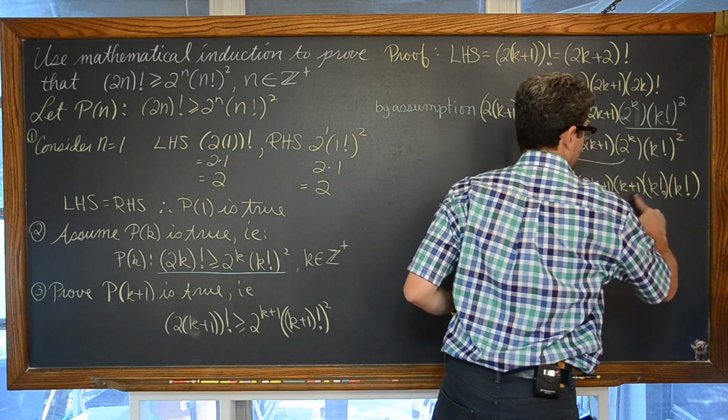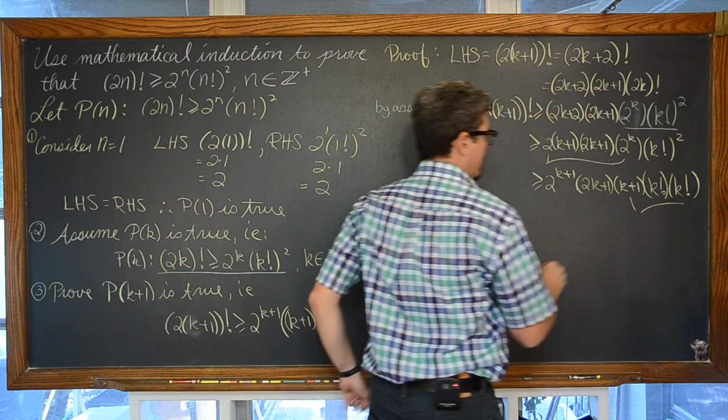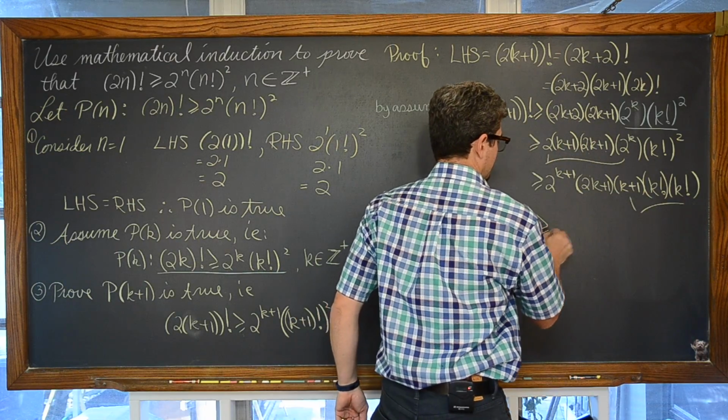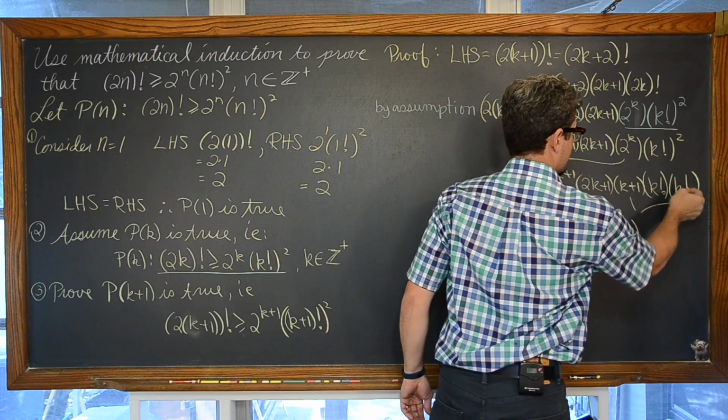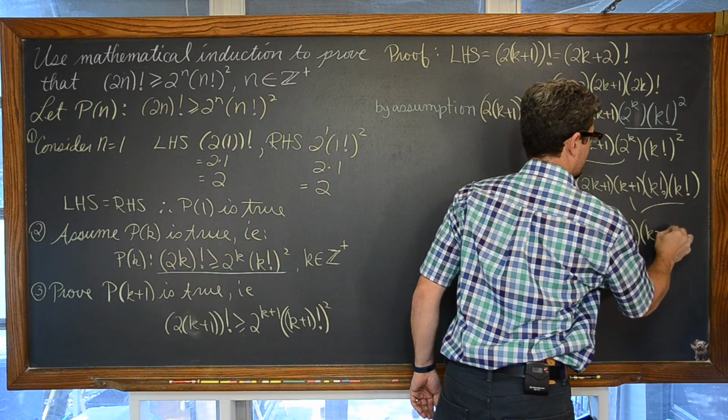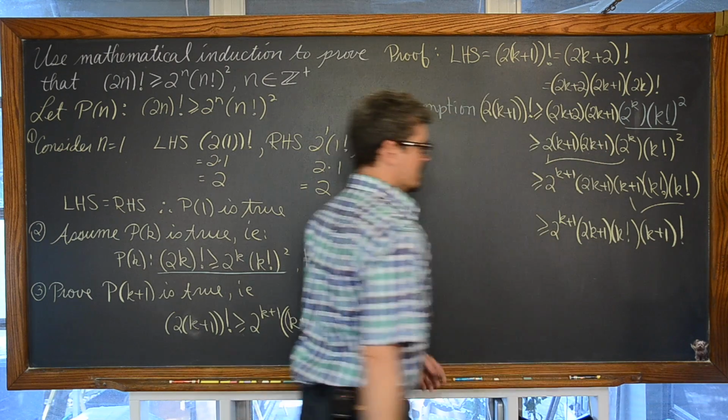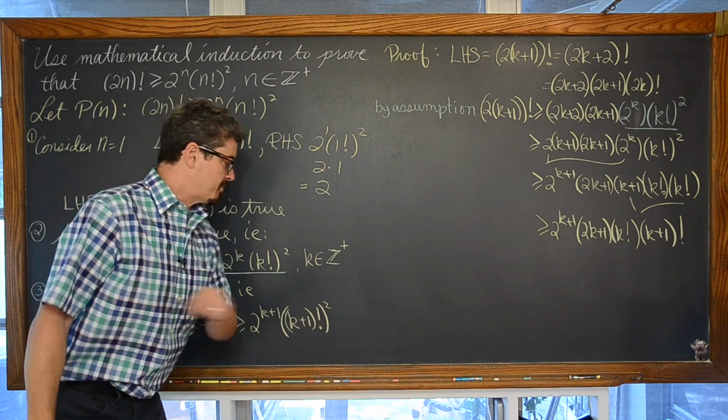So actually these come together and create a (k+1) factorial. Okay, bringing these together to write (k+1) factorial.